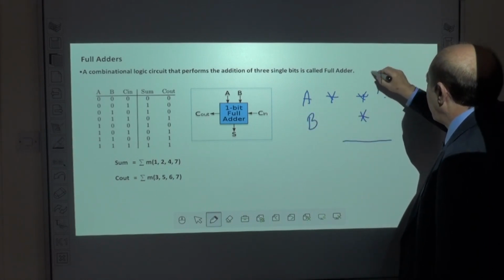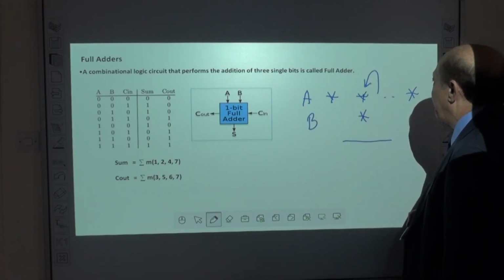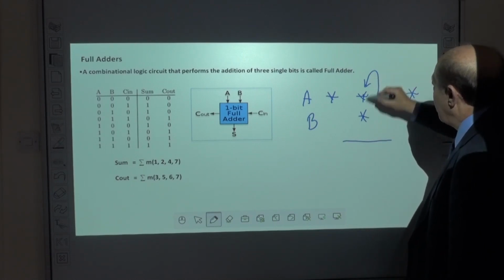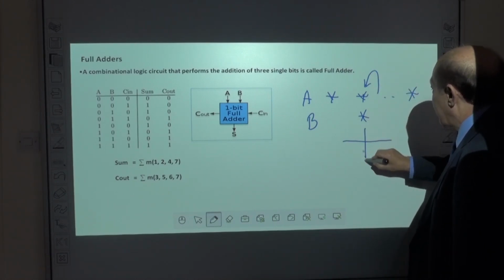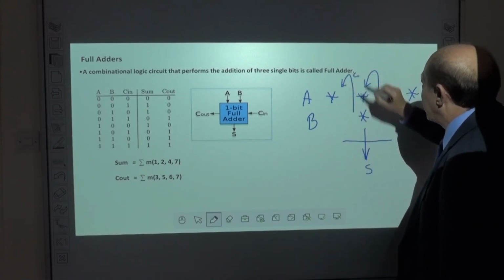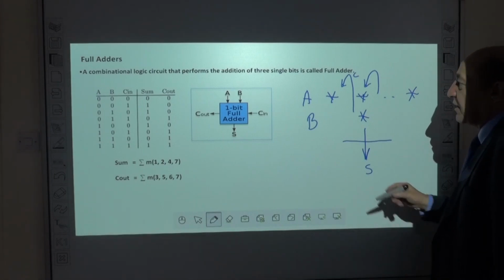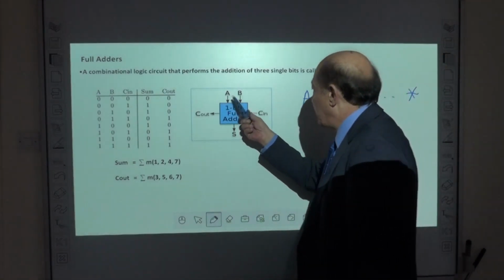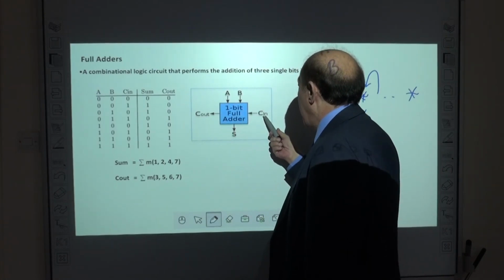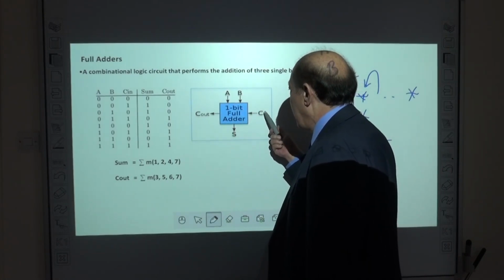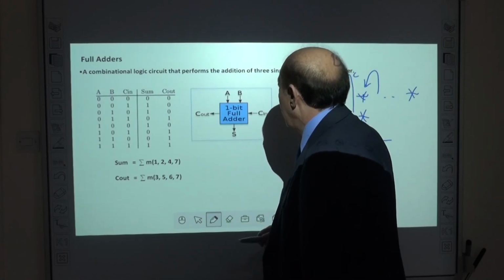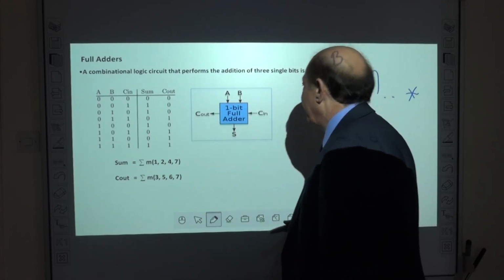But we need to consider the carry from the previous stage. So we need a circuit that adds 3 bits together and generates the sum and carry to the next stage. So the circuit that adds 3 bits together, Ai, Bi, with a carry in, and outputs the sum and carry out is called a full adder.